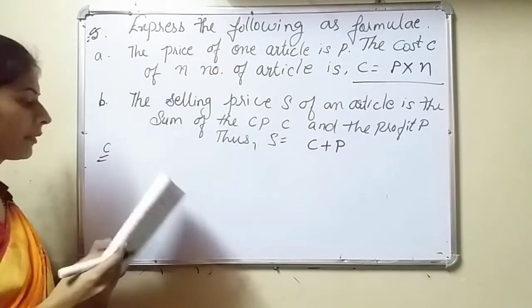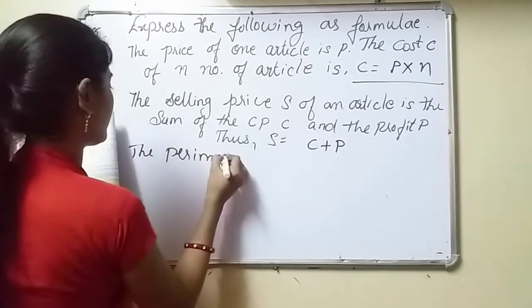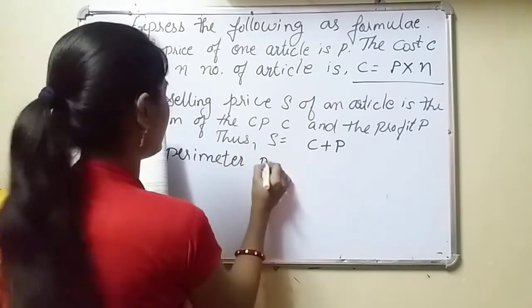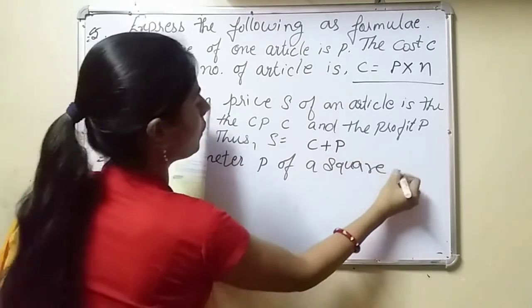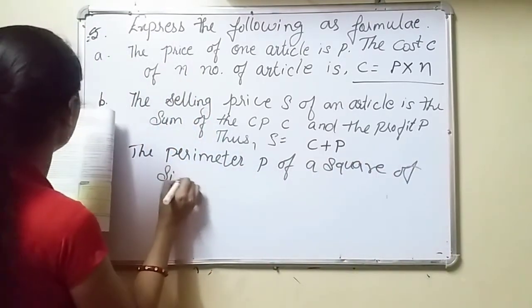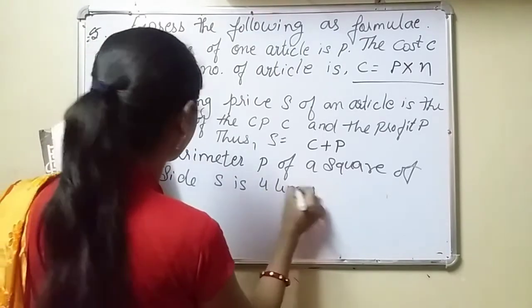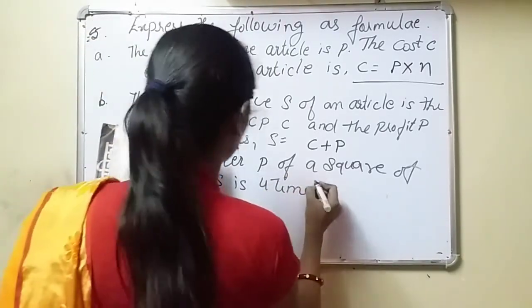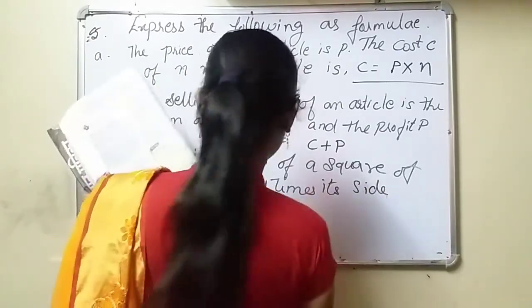Now see, the perimeter P of a square of side S is 4 times its side.